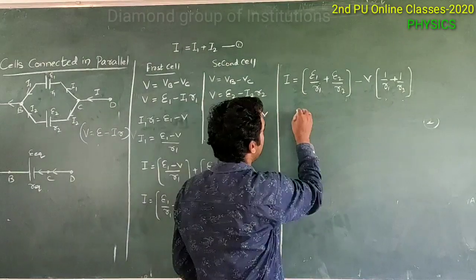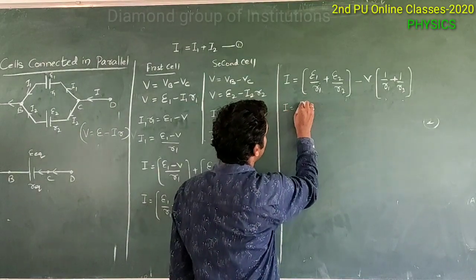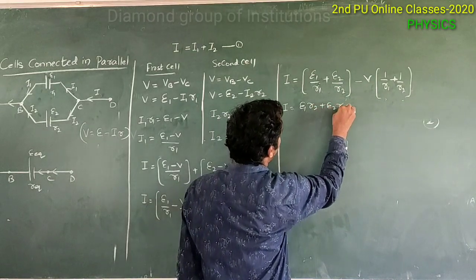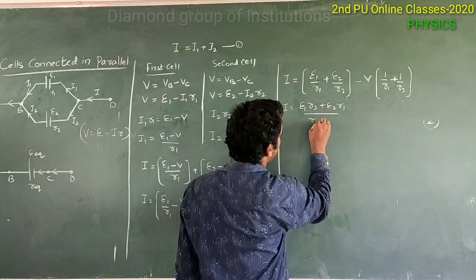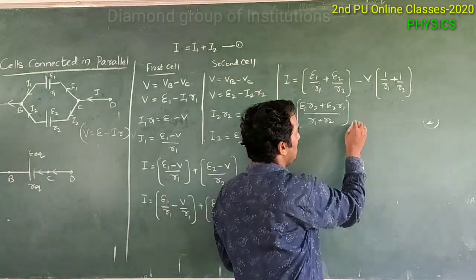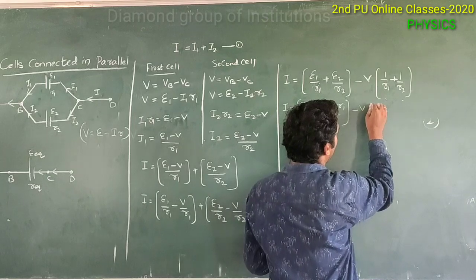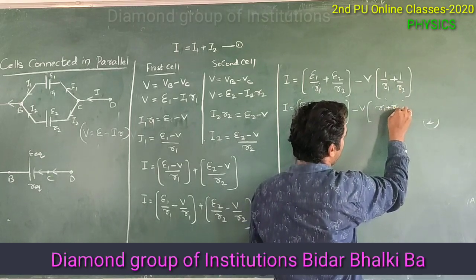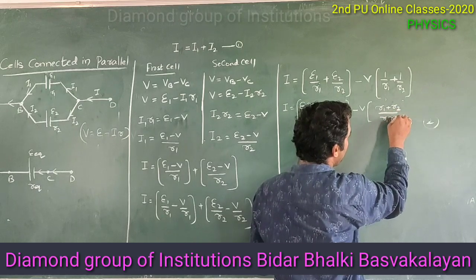So if you take the LCM, I becomes E1 R2 plus E2 R1 by R1 plus R2, minus V into R1 plus R2 by R1 into R2.